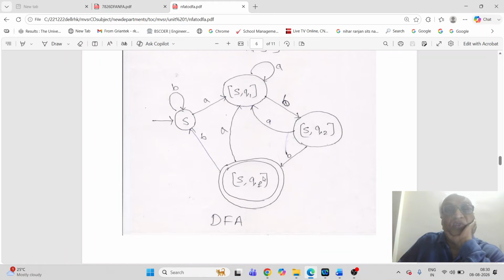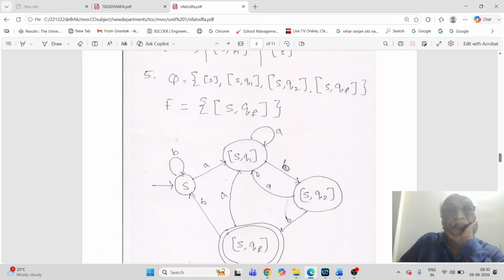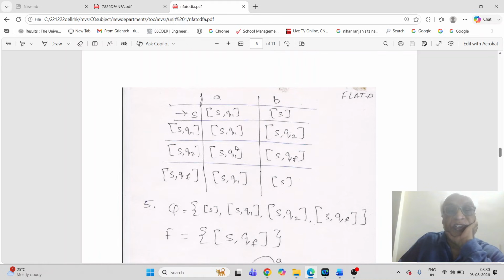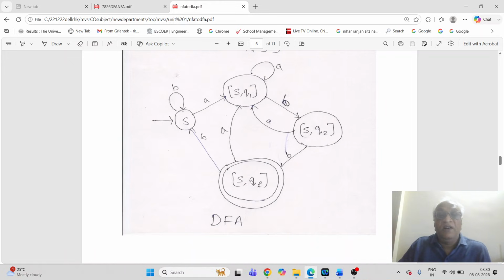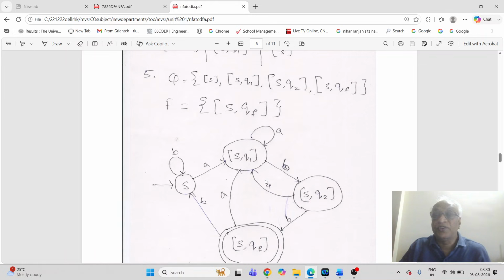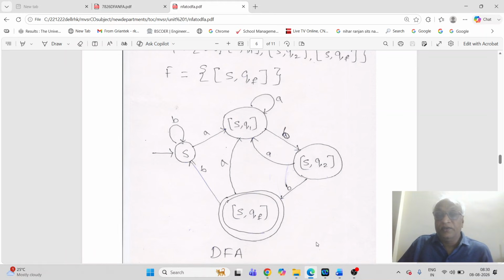This is how you represent your DFA again. This is the table, this is the value of Q, this is the value of F. Hopefully you are able to follow this. Thank you.